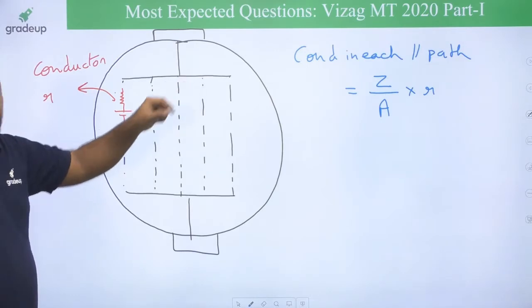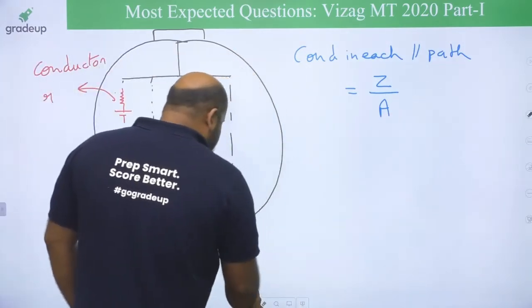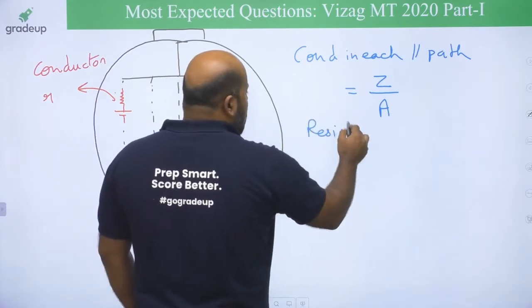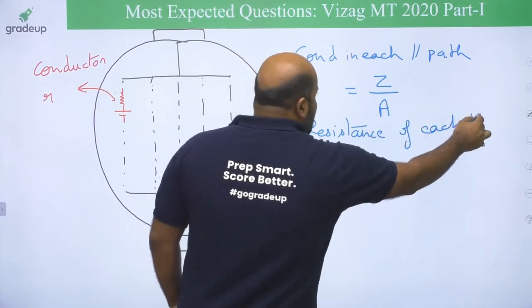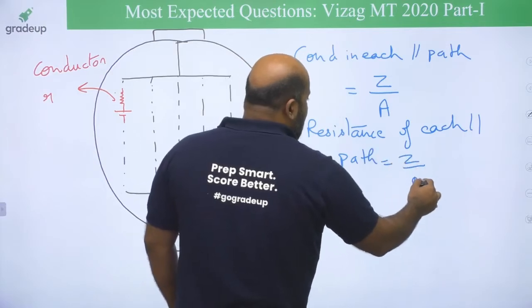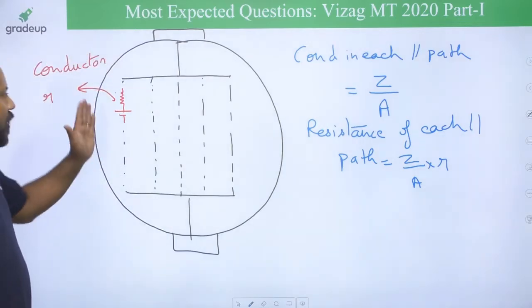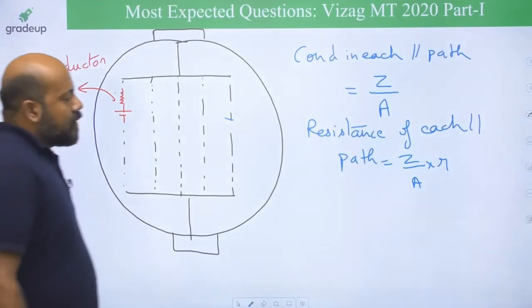What you have found is the resistance of each parallel path, that you have found as Z by A multiplied by small r, but you have to find the effective resistance of all these parallel paths.